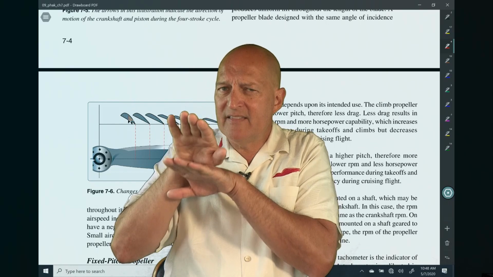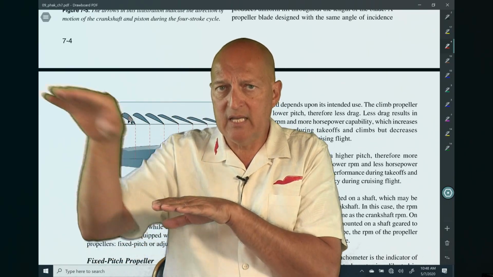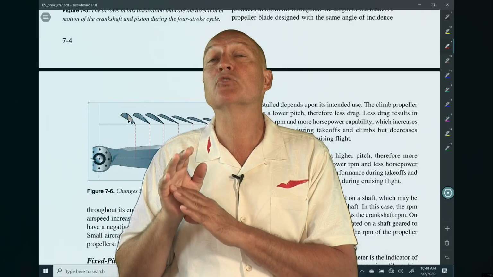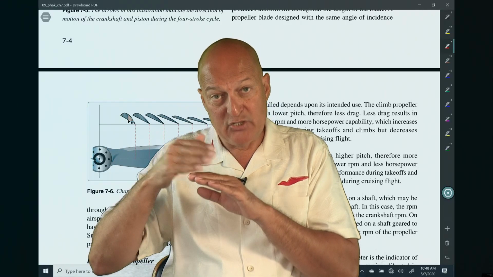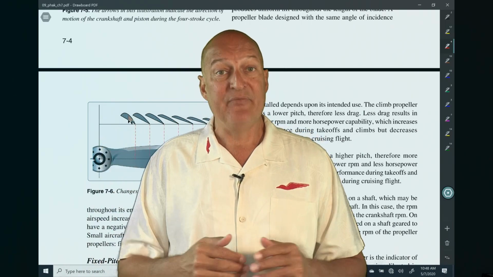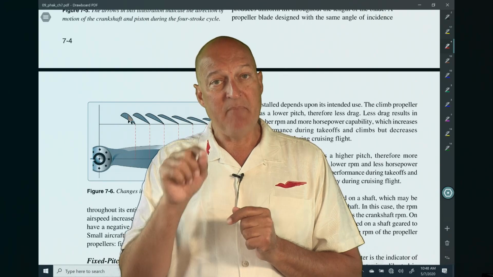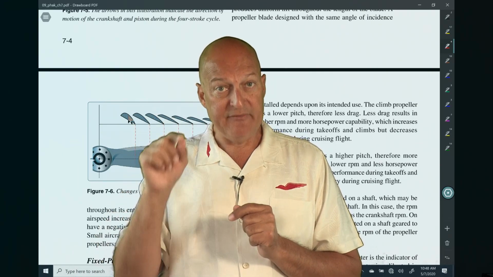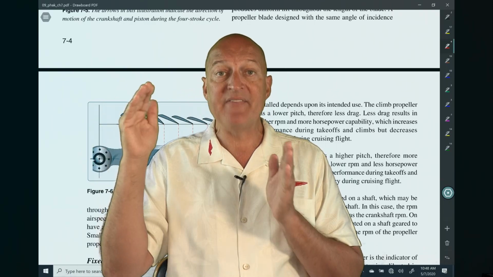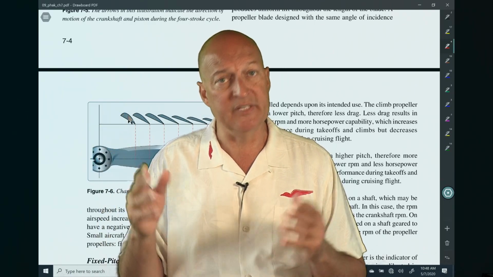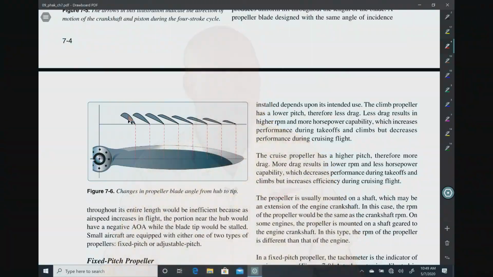So if that had the same blade angle for the entire length of the blade, you're putting a tremendous amount of pressure on that blade as you get away from the hub, and those things will just fly apart. So the trick is to manufacture a blade that puts even pressure along the blade all the way from the hub to the tip. That way you have a propeller that's going to stay together, which is kind of important, I'm told.